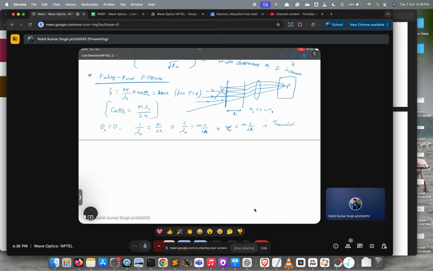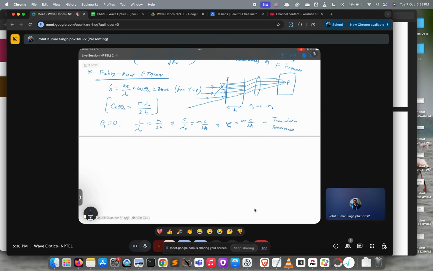So this t equal to 1 criterion is what we call resonance, because all of the incident light is transmitted. These frequencies are different modes of the Fabry-Perot cavity.